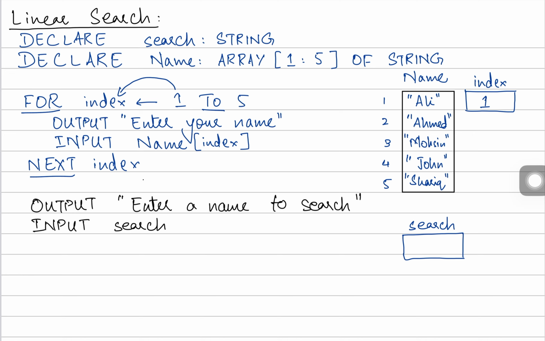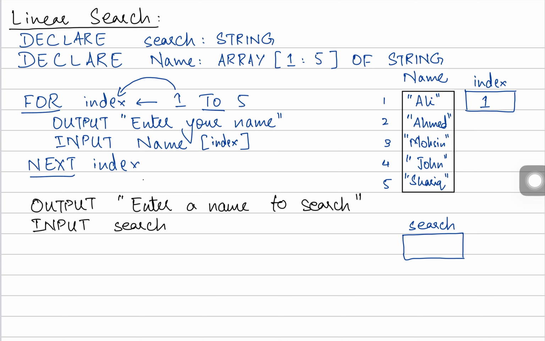So you see it as name index, but actually it is name 1. Let's say the user entered Ali, so it went in the first slot. Then the index value became 2. The user entered Ahmed, then Mohsen, then John, and so on. So this is how we populate an array.